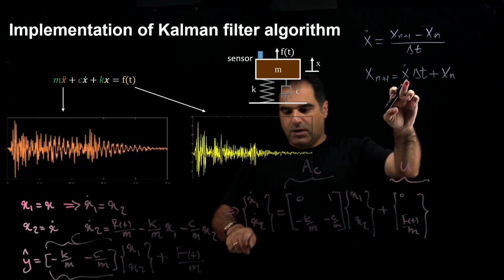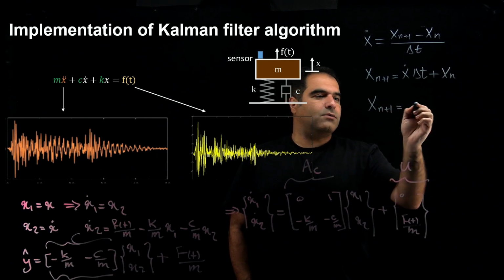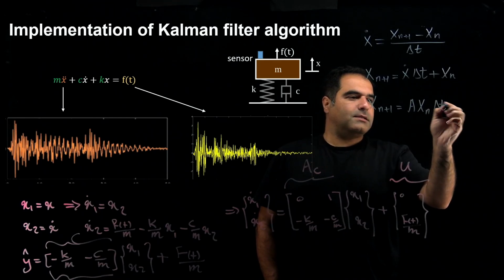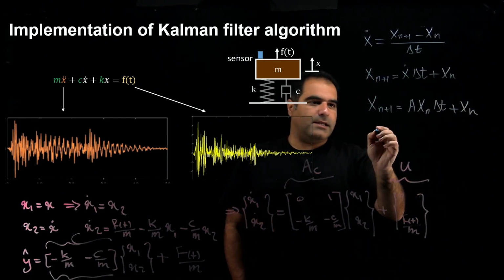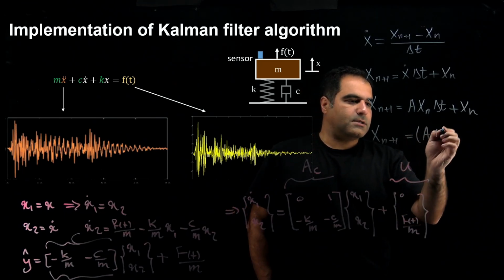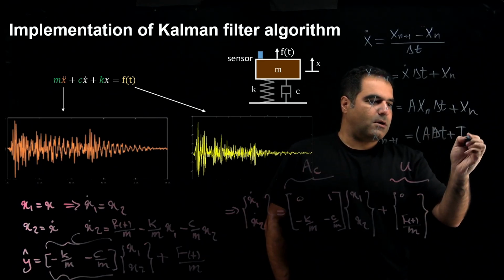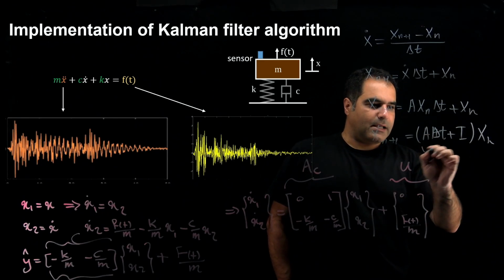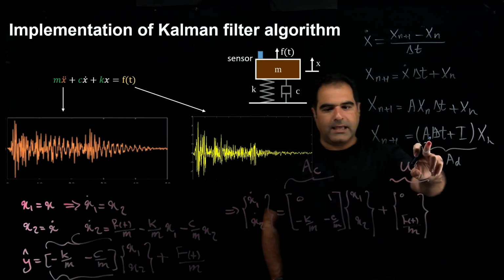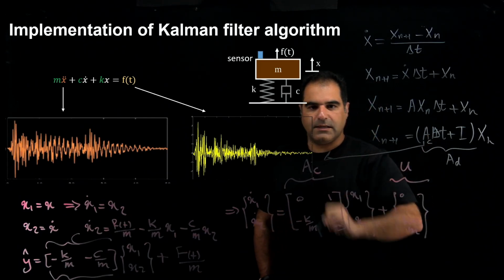And because this x dot is A x_n, then x_{n+1} is equal to A x_n delta t plus x_n. Then x_{n+1} is equal to (A delta t plus I) times x_n. And this is A discrete, and this A is the continuous one, which we calculated here.